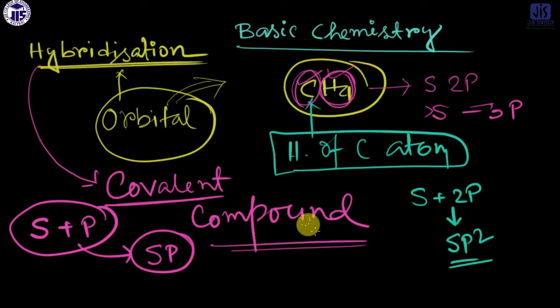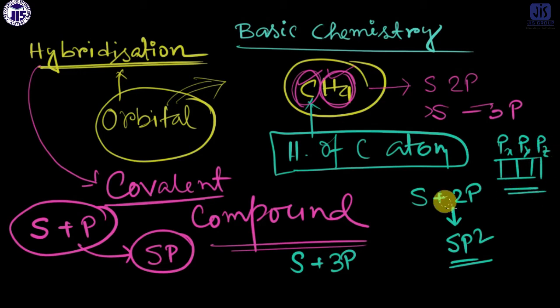But if 1s and 3p orbitals are involved, you know, in the p there are three orbitals, and generally we write it this way: one is px, another is py, and another pz. So px, py, and pz. Then we call this sp3.